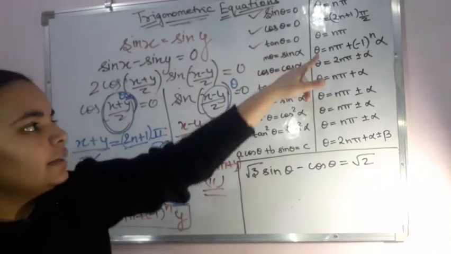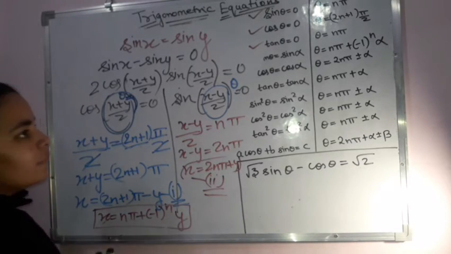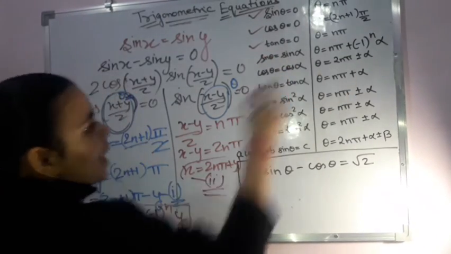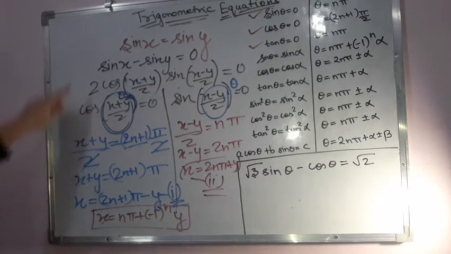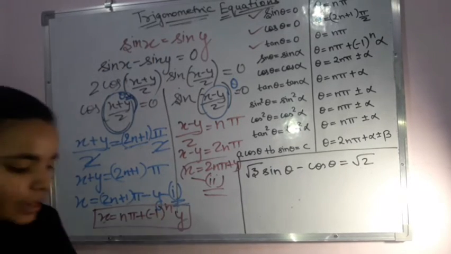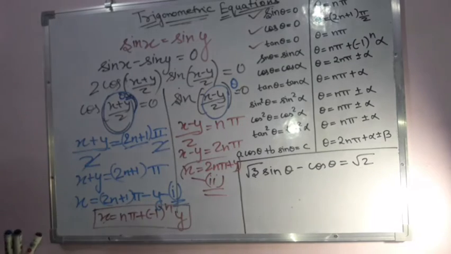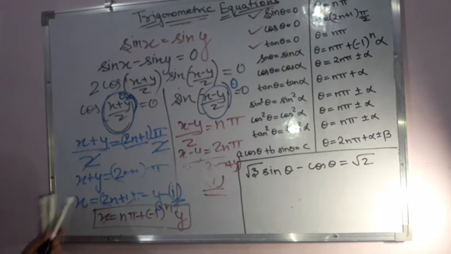Similarly, when sin theta is equal to sin alpha, then theta is equal to n pi plus (minus 1) to the power n alpha. This is the derivation for when sin x is equal to sin y, or sin theta is equal to sin alpha. If you want, please copy it down so that it remains in your mind.